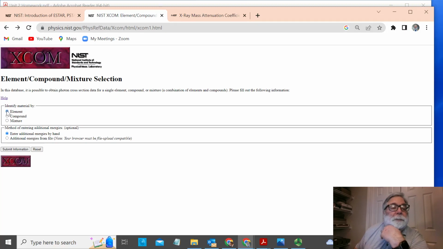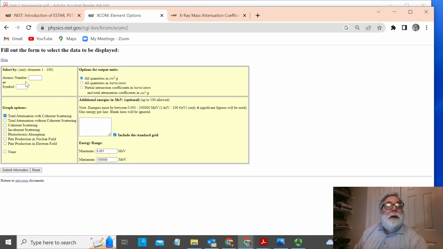I am going to pick an element because it's interacting with lead, which is an element. And I'm going to pick the energies that I'm interested in. I can put the atomic number or the symbol for the element in. I am not interested in coherent scattering. Coherent scattering is where a photon changes direction after interacting with an electron but doesn't deposit any energy.